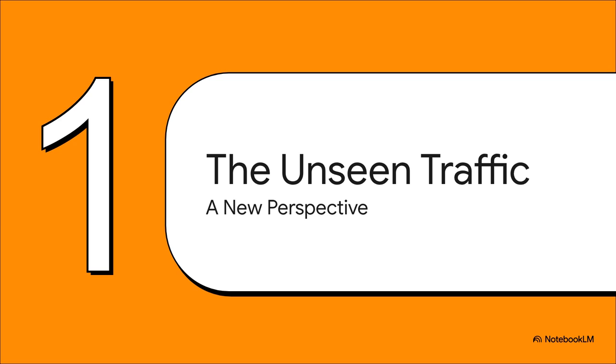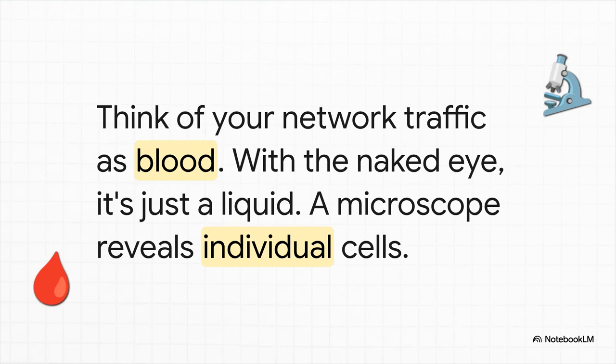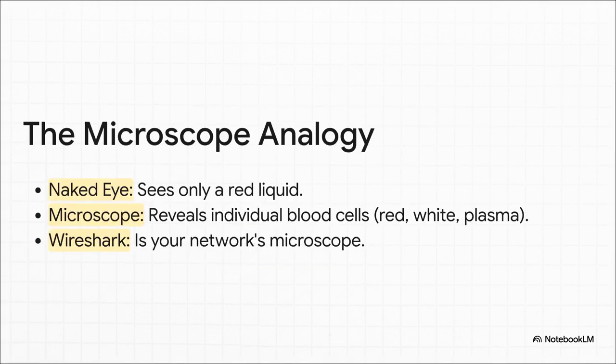To really wrap our heads around this unseen traffic, we first need a new way to think about it. Here's a great way to picture it. Imagine all the data flowing through your network is just like blood flowing through your veins. To the naked eye, it's just there, right? It's this constant flow that's absolutely essential for everything to work, but you don't really see the details. So, with the naked eye, blood is just a red liquid.